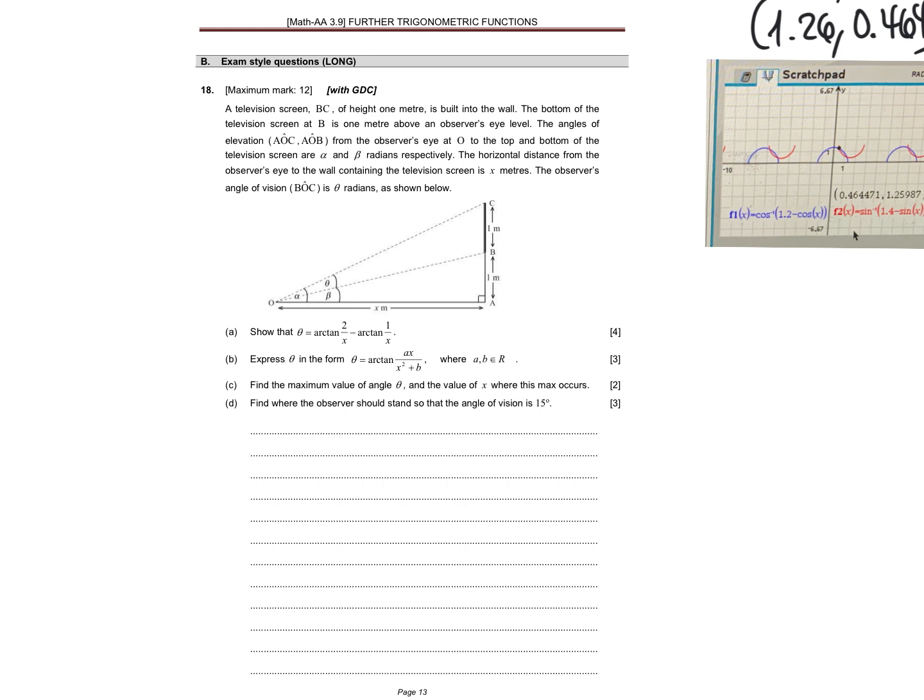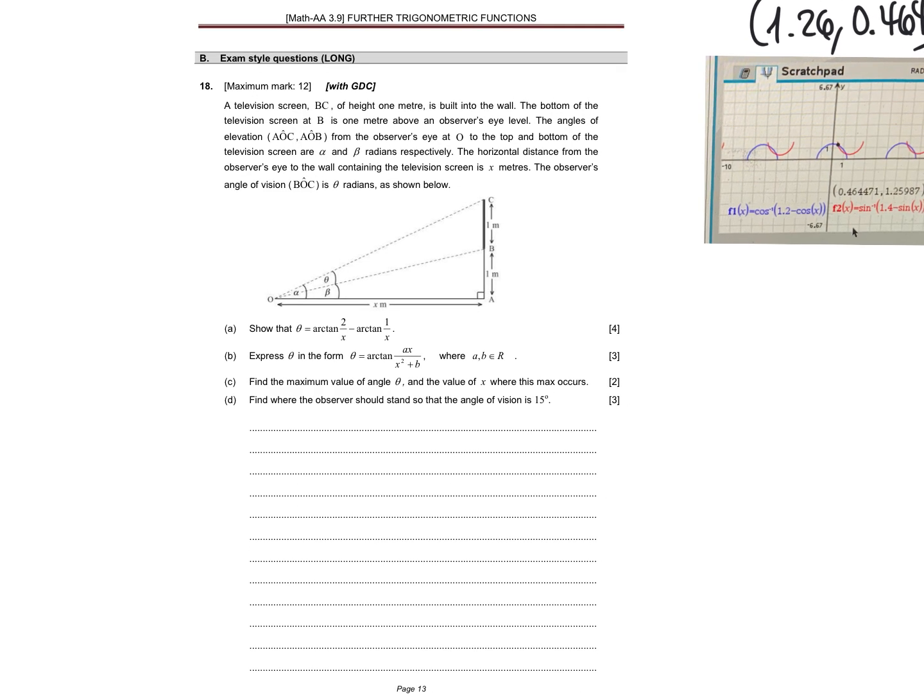So I think we can use the fact that alpha minus beta is theta. So tangent alpha is 2, opposite 2 over adjacent x.